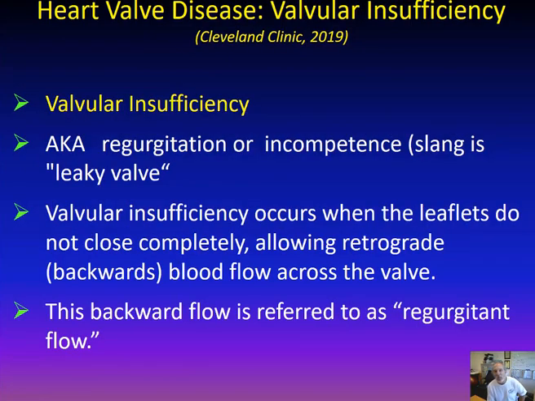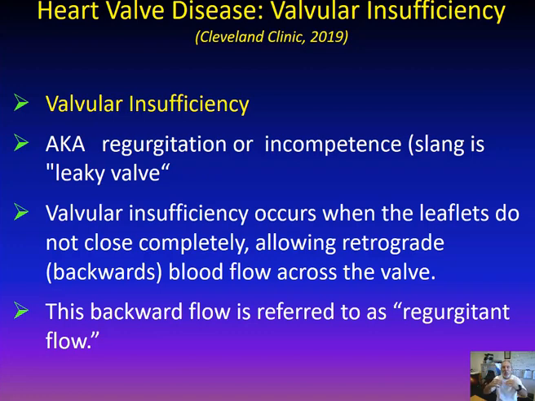Now, what about valvular insufficiency? So that's the so-called leaky valve, and it's also called regurgitation. So when blood flow is supposed to go, let's say, for example, from the left atrium to the left ventricle, and the blood's supposed to only go one way, the valve closes, and no blood should go retrograde or backwards into the left atrium.